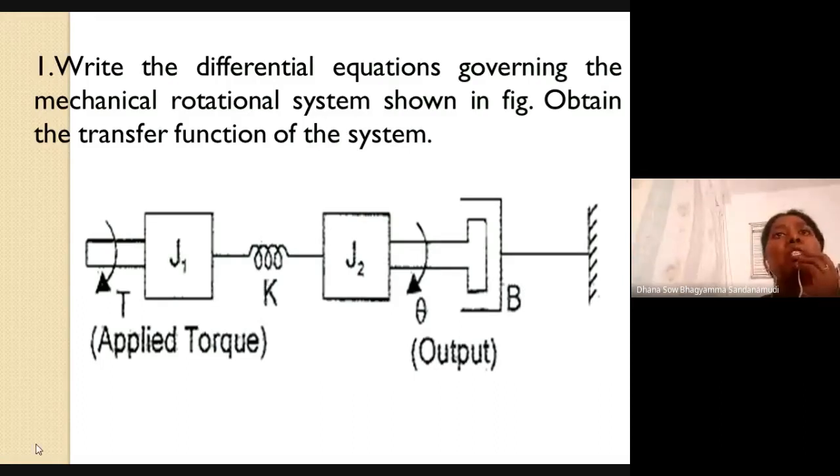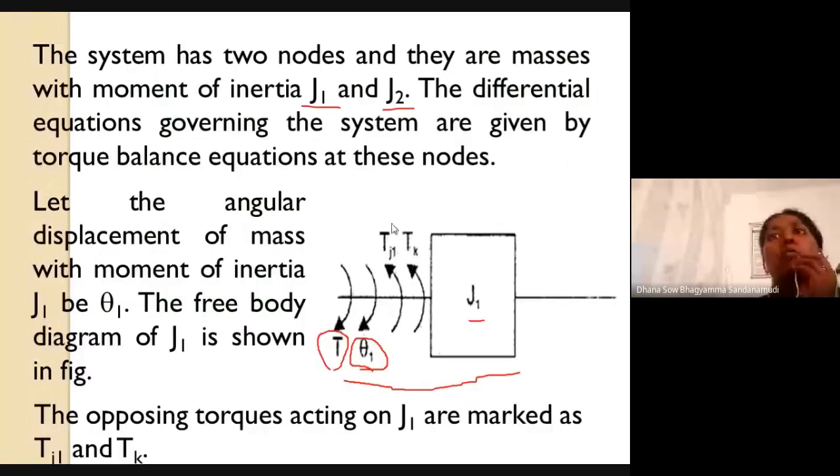Opposing torques at node 1 will be Tj1 and Tk. So what is the applied torque? T. What are the opposing torques? Tj1 and Tk. So the applied torque will be equal to the opposing torques.